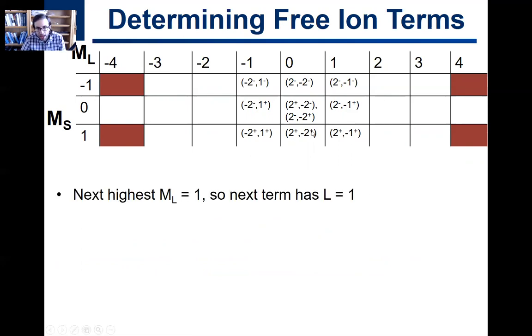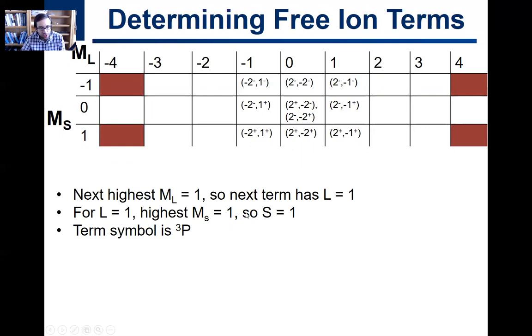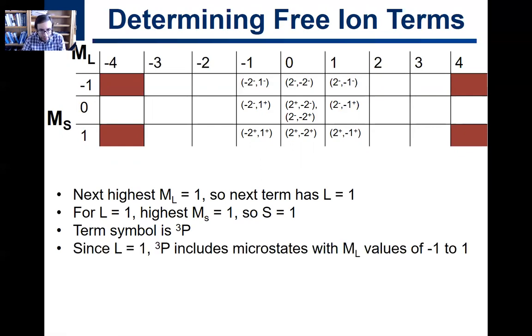Next highest M sub L is 1. So the next term has L equals 1. For L equals 1, the highest M sub S is 1, so S equals 1. And so our term symbol is going to be triplet P. Why triplet? S equals 1, 2S plus 1, 2 times 1 plus 1 equals 3, and P because L equals 1. Remember, S is 0, P is 1.